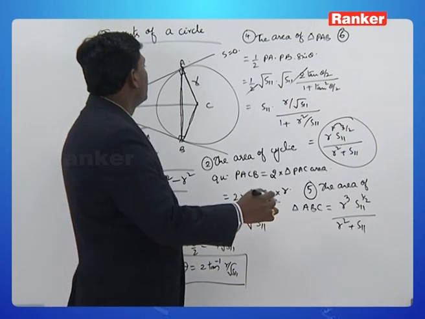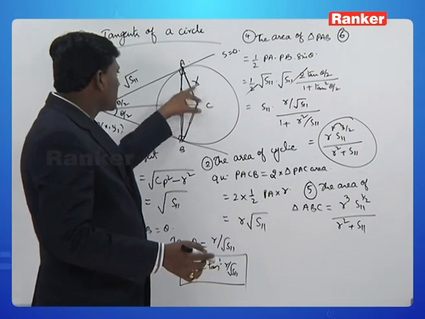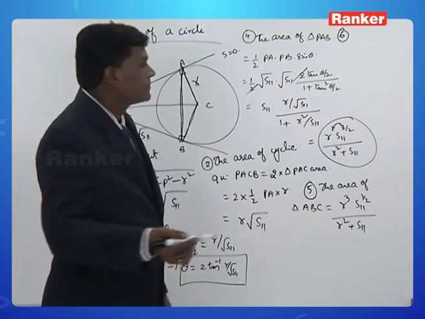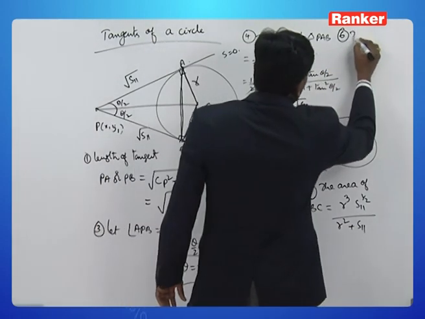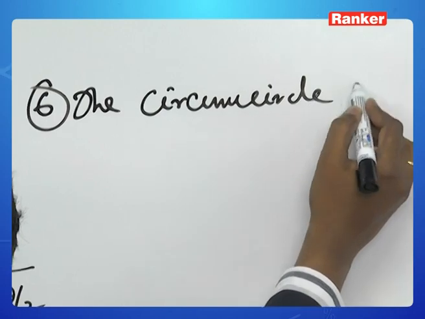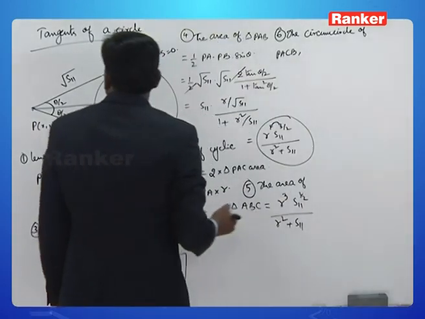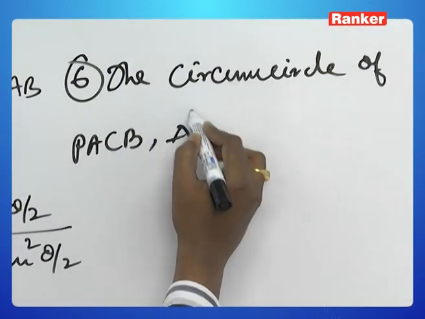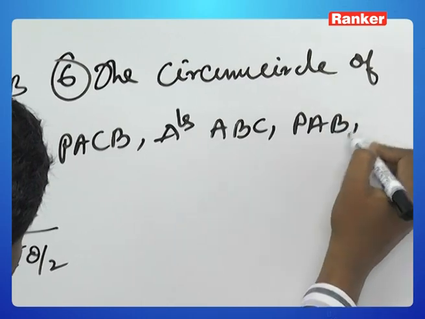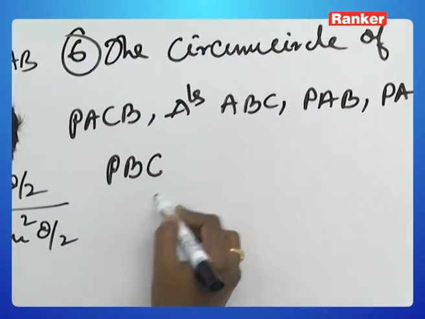So here we can observe strangely that the circle passing through the vertices of all these five diagrams will be common. Here the circumcircle of PACB, then triangles ABC, PAB, PAC and PBC.